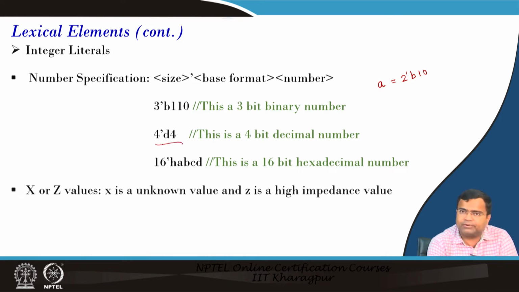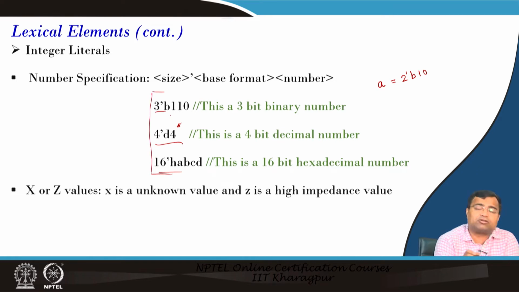A 4-digit decimal can take values from 0 to 9999. A 3-bit binary can take values from all zeros to all ones. Then you can also have a hexadecimal number, so you have to specify the base. We will be using mostly binary and in some cases decimal. Here I have not specified signed numbers, it is just unsigned.